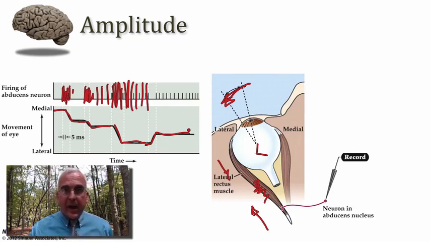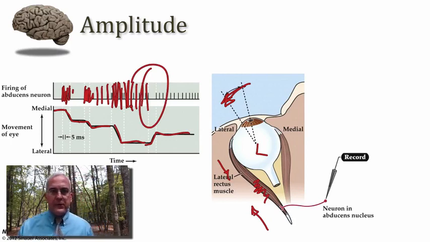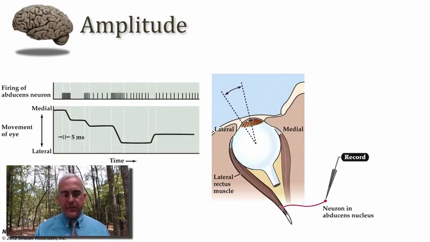So when the eye is adducted, the abducens neurons fall silent, and vice versa for the ocular motor neurons that innervate the medial rectus muscle. Now, what about direction of movement?